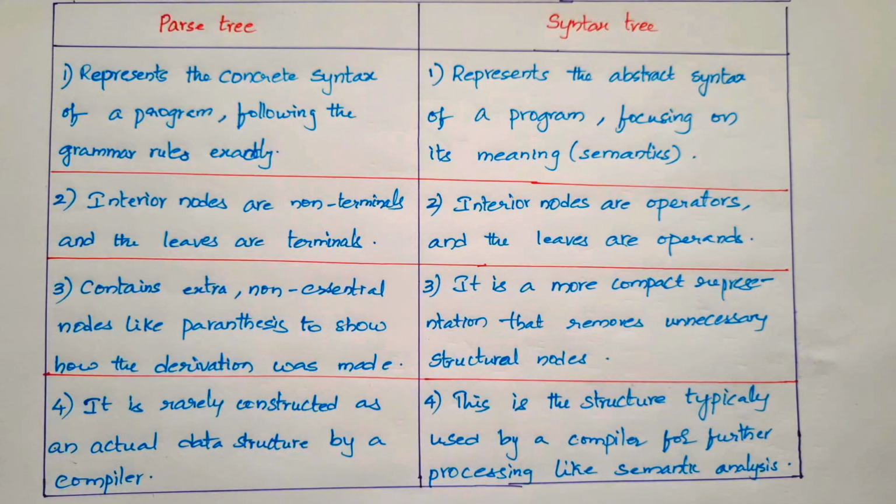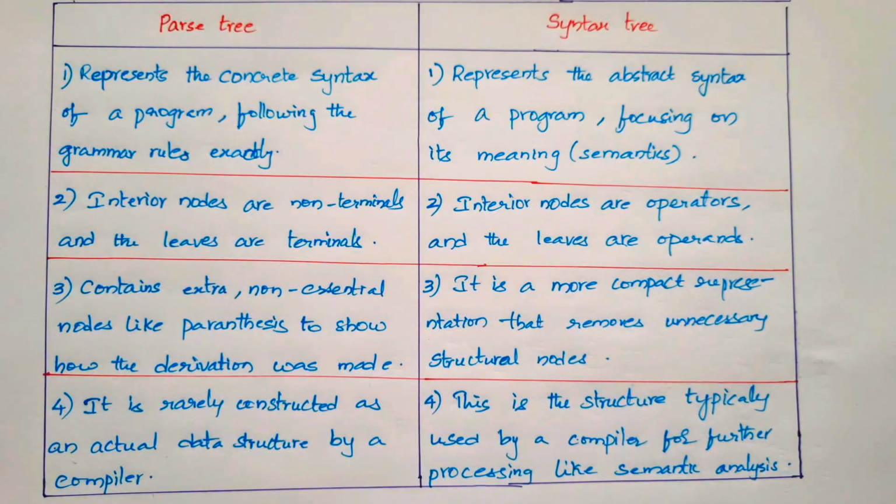Because of this, parse trees are usually large and more detailed. In practice, compilers rarely use parse tree as their main internal data structure because they contain a lot of unnecessary information.